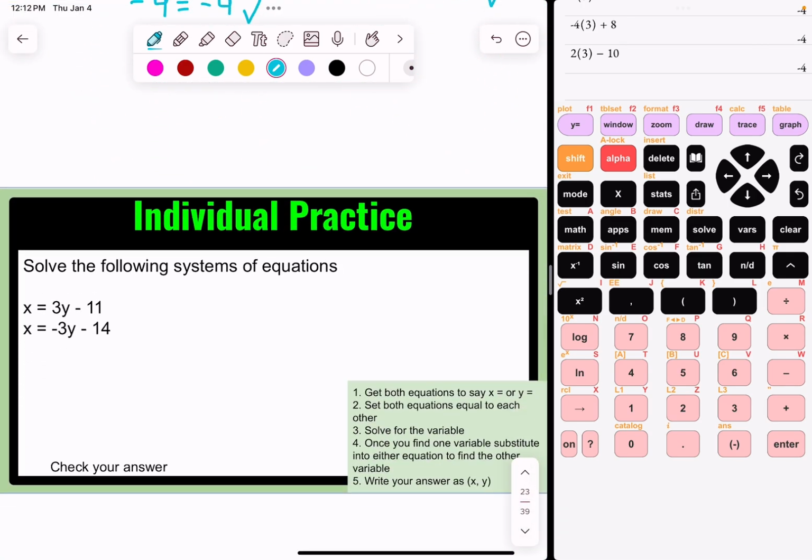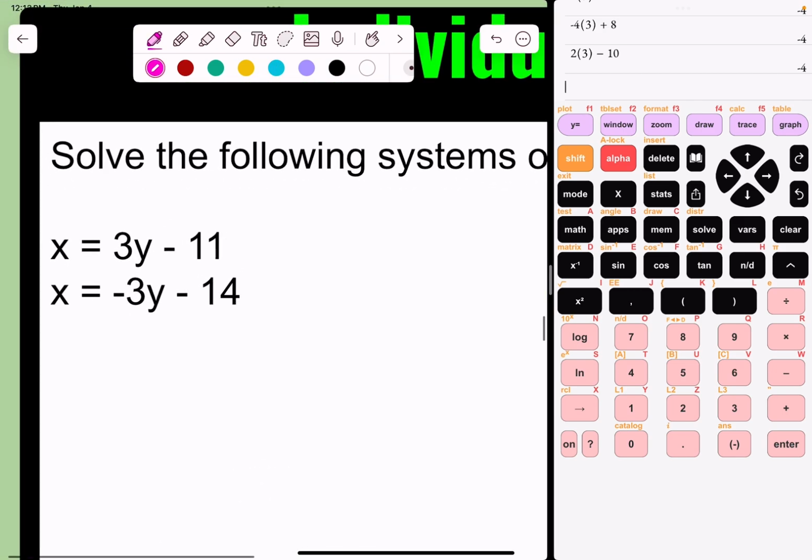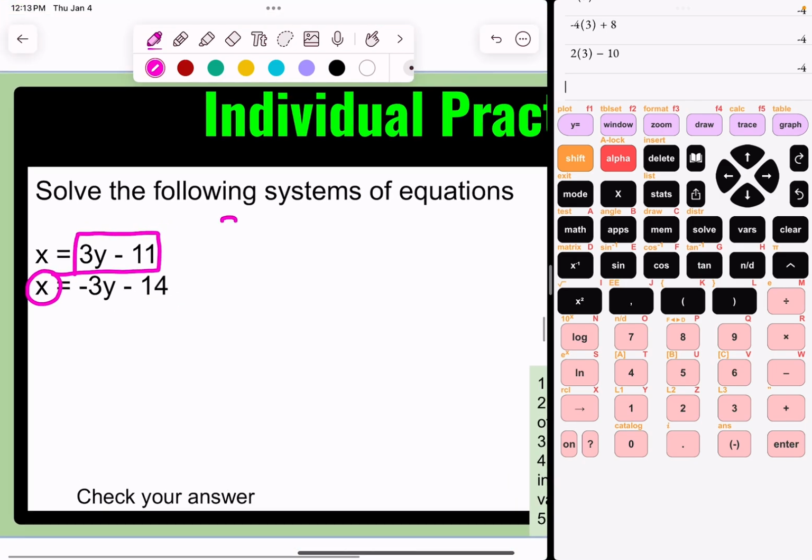I want you guys to pause the video and try and see if you can figure this one out. All right, we have that x equals 3y minus 11, and we have another x here. We can just replace it with what we know x equals. So we'll have 3y minus 11 equals -3y minus 14.